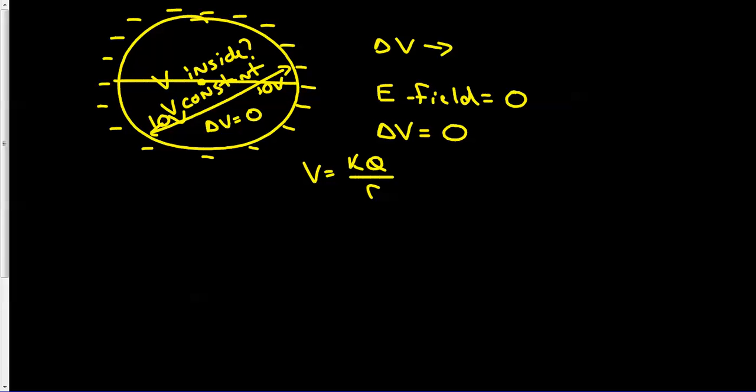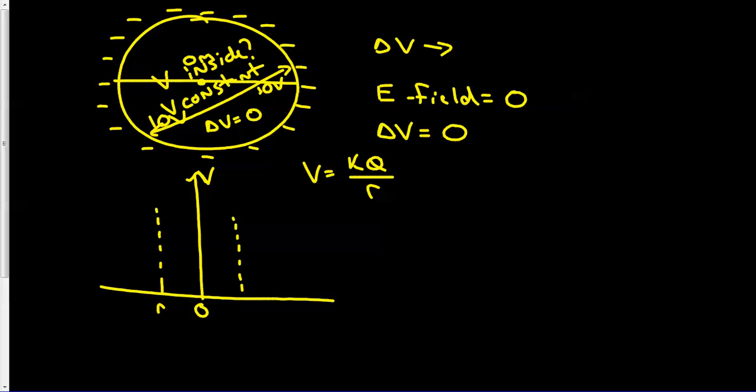And so what's interesting is if we make a plot of potential as a function of distance from center, so 0 meters being the center of that sphere. If I move to the left some distance r, and I move to the right some distance r, so from here to here represents the diameter of the circle, it's going to be at a constant potential.